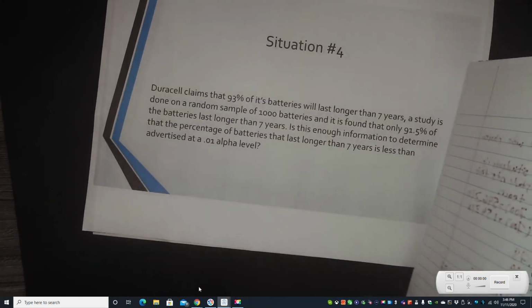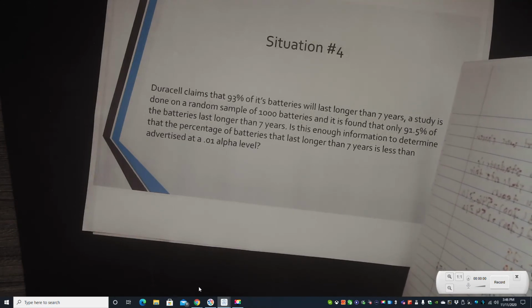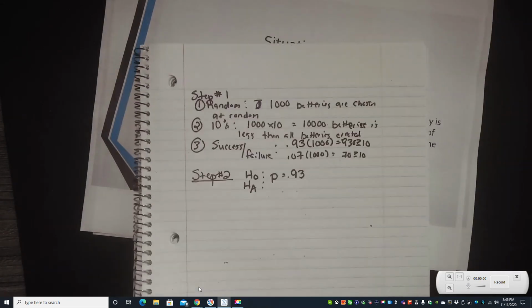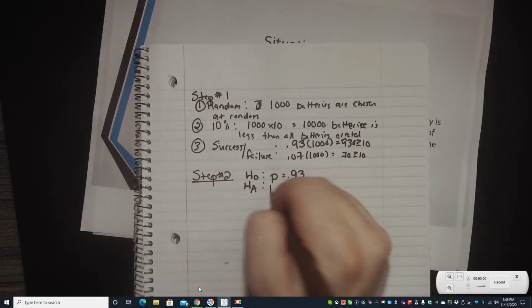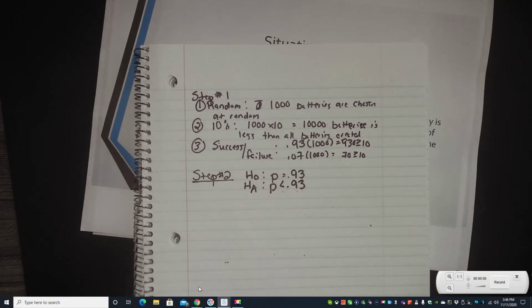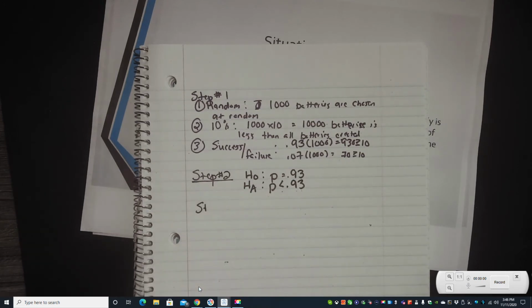Then it says, is this enough information to determine that the percentage of batteries that last longer than 7 years is less than advertised at a 0.01 alpha level? So it's less than, so I get P less than 0.93.